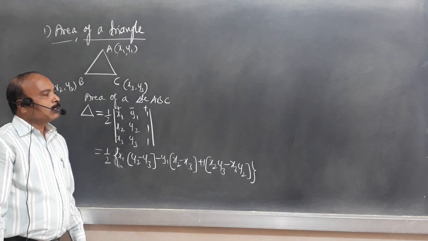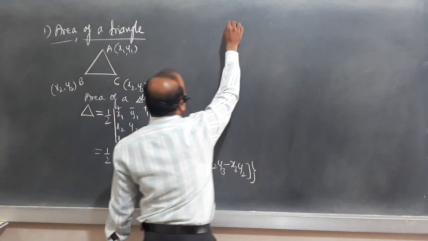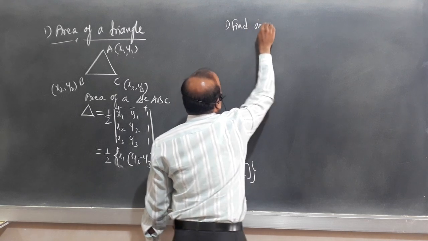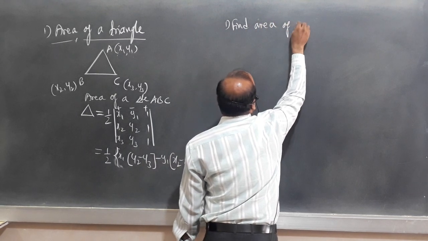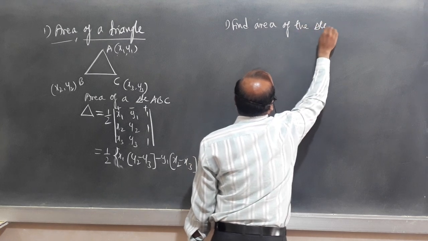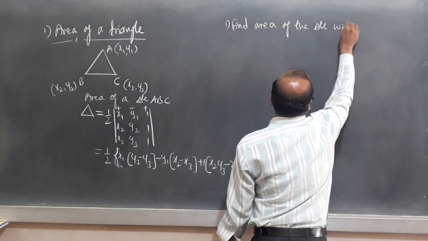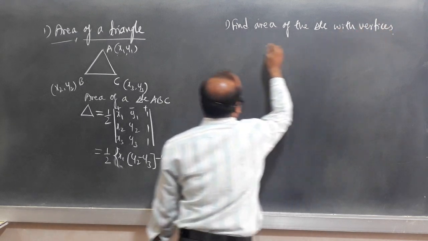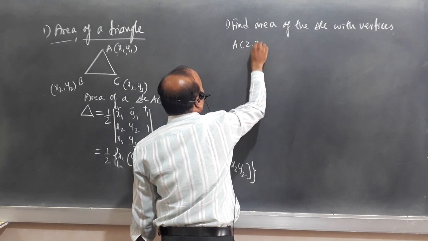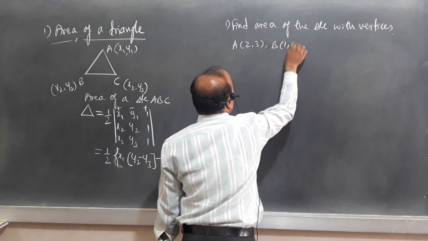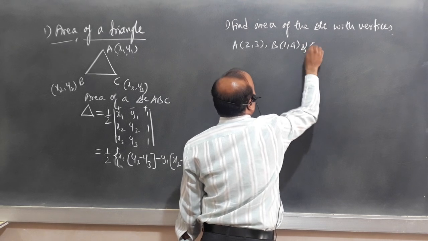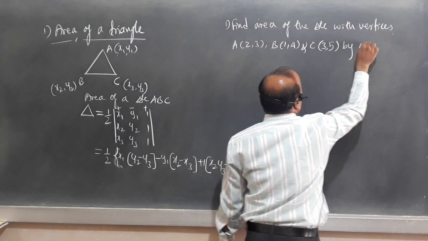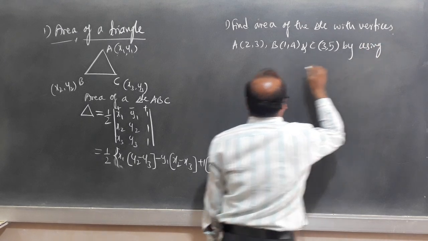Now we discuss along with an example. First one, find the area of the triangle with vertices A 2, 3, B 1, 4, and C 3, 5 by using determinants.